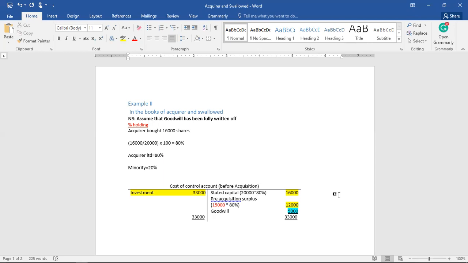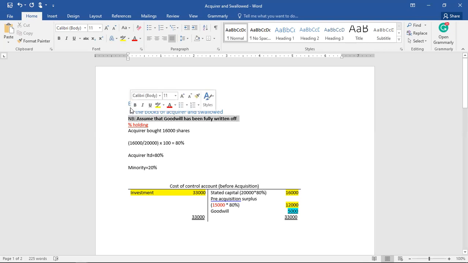Then the income surplus is still 15,000. Then in the handouts, the goodwill was written off over 5 years. But for the purpose of what I'm going to do, we are going to say that the goodwill has been fully written off.